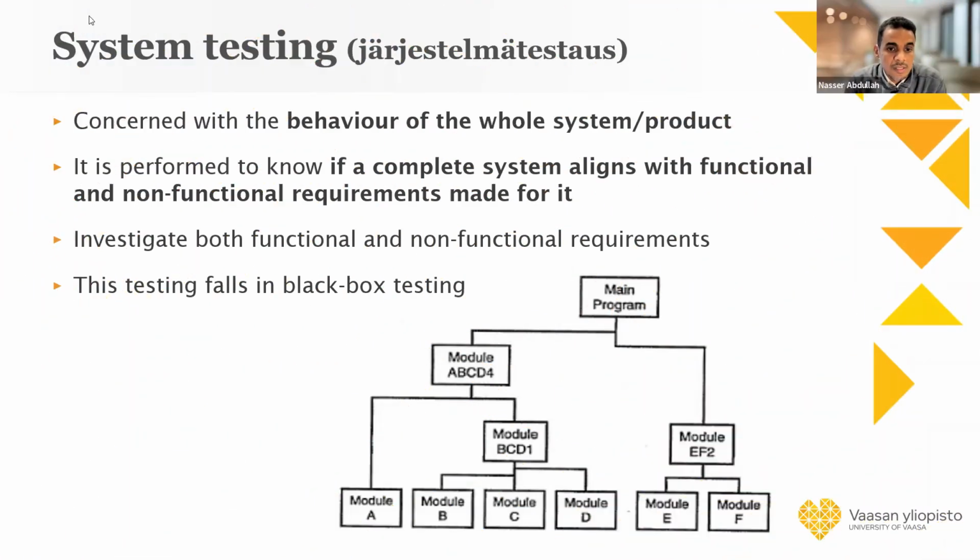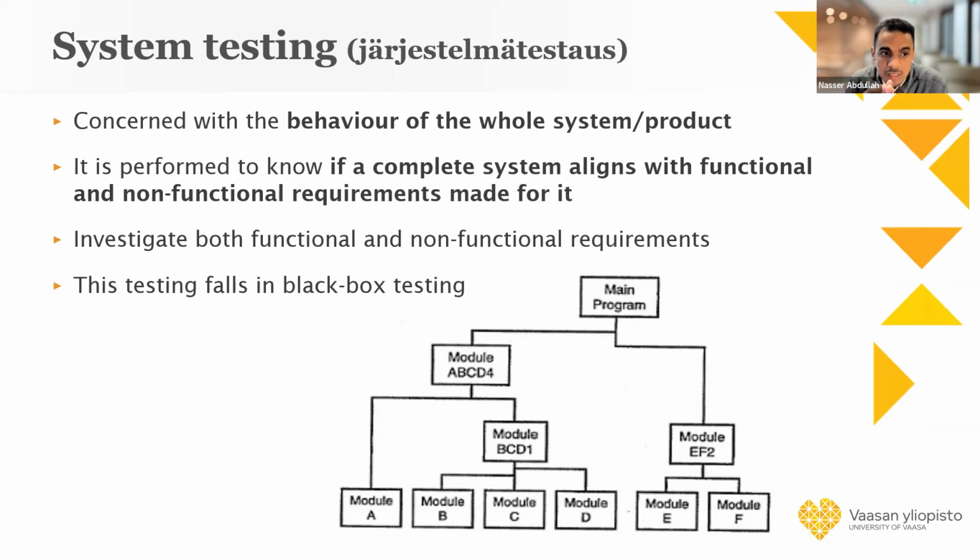System testing. System testing is actually testing the system at all, the complete system. Is it working at all? Is it working as expected? Is it working in alignment with the functional and non-functional requirements?